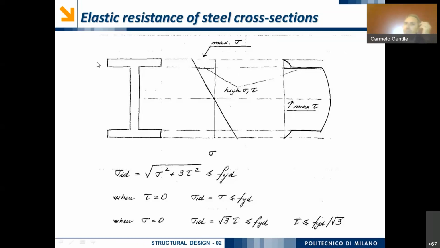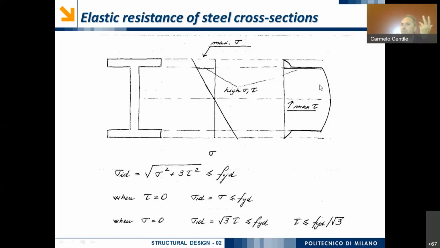We will see that in some cases we are forced by the standard codes, by the Italian standard codes, by the European standard codes, to make this kind of check, so neglecting the possibility of the cross-section to undergo a fully or a partial plasticization.